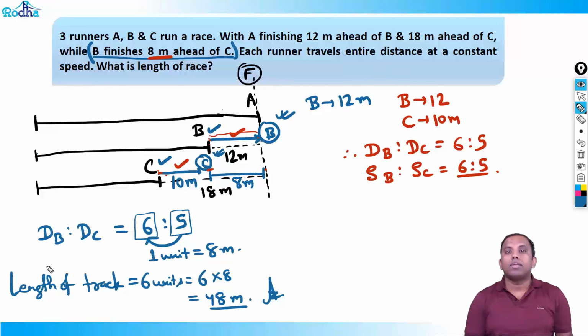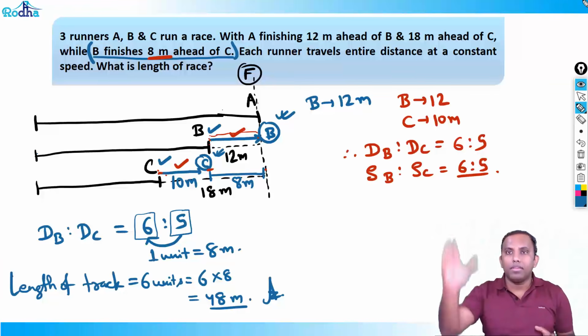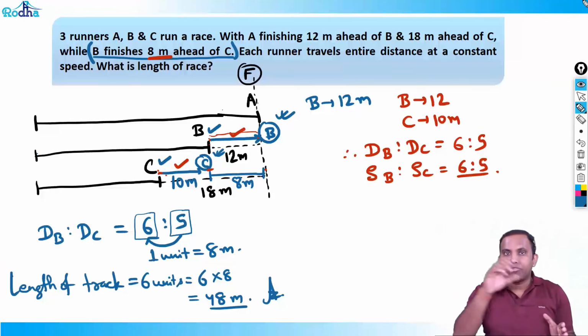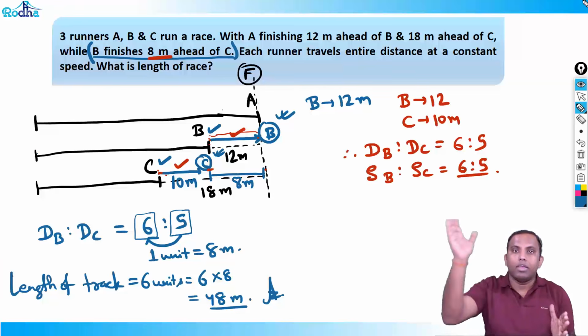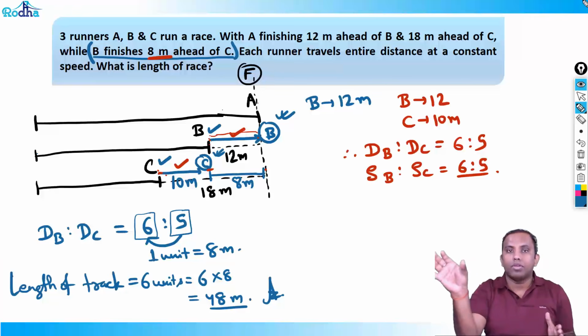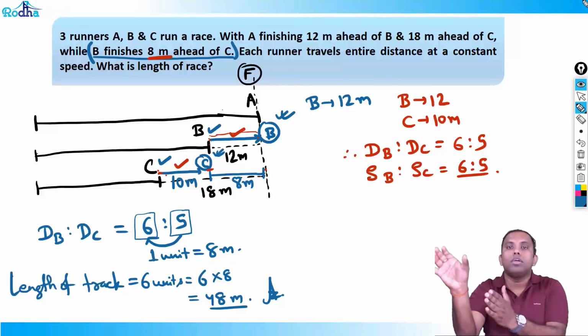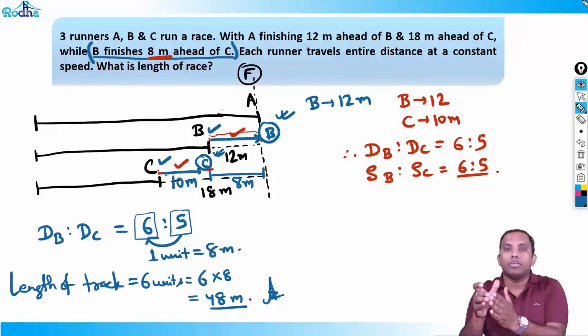So just because of this, right? Because we got it: when A has reached the finishing line, B is 12 meters behind A, and C is 18 meters behind A. When B has reached the finishing line by covering those 12 meters, in that time C has covered 10 meters, because when B reaches the finishing line, C is only 8 meters behind it.